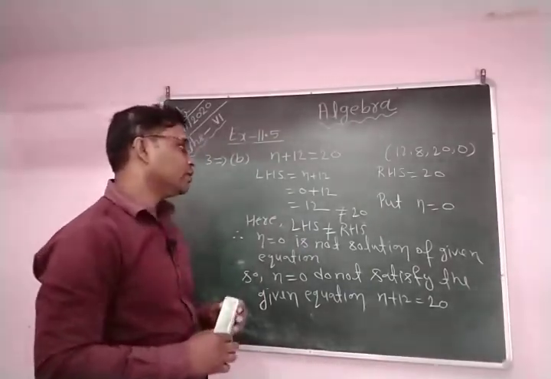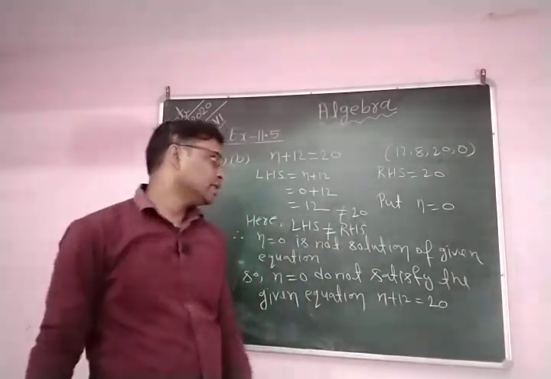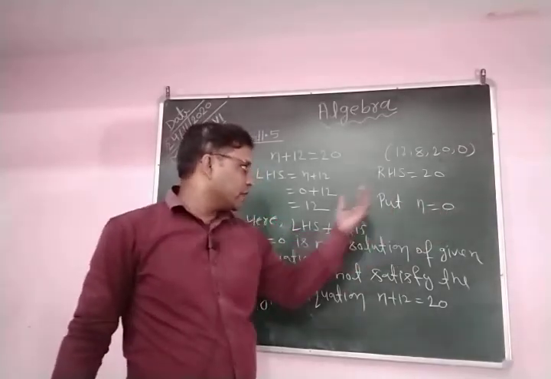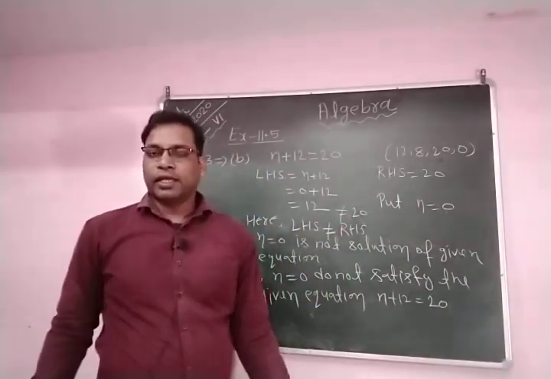It does not satisfy the given equation. Why does n is equal to 0 not satisfy the given equation? Because at this value, n is equal to 0, we can't find the left hand side equal to the right hand side.